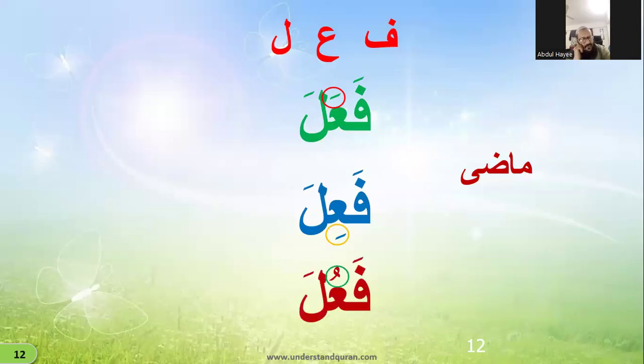So these are three forms of fa'ala, fa'ila, fa'ula. These all three are known as ma'ruf. Known form, ma'ruf.